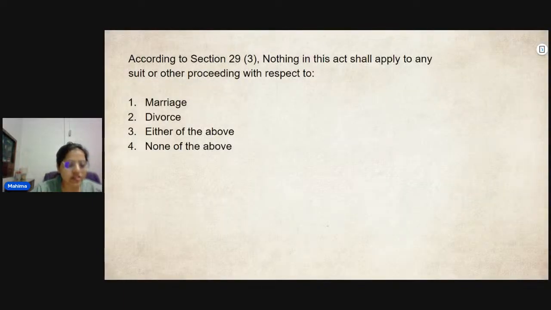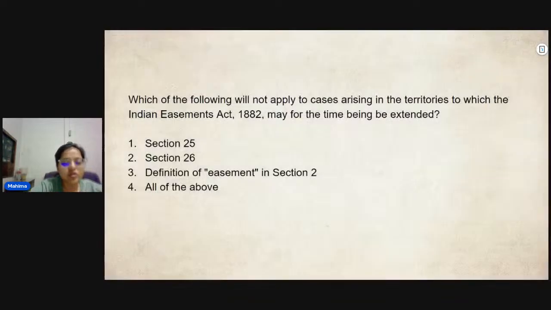To both marriage and divorce, none of the proceedings will be applicable. Yes, correct. Which of the following will not apply to cases arising in the territories to which the Indian Easements Act 1882 may for the time being be extended? Section 25, 26, definition of easement in section 2, or all of the above.